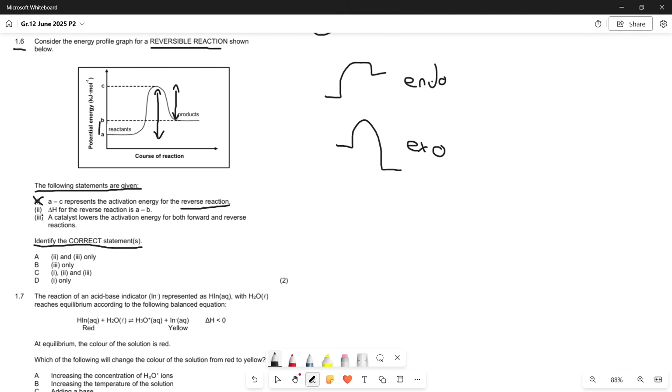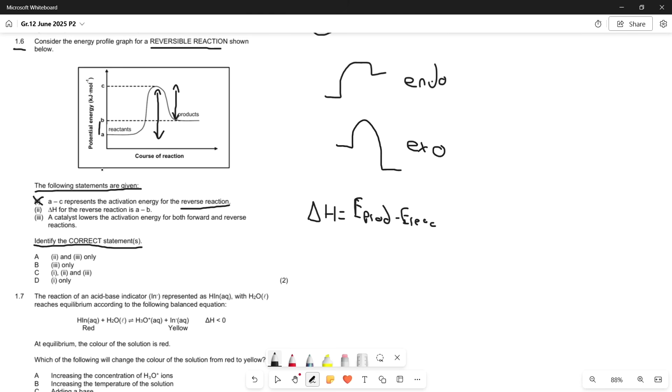And then back to 2 again, delta H for the reverse reaction is A minus B. If it's the reverse reaction, we're going from right to left, which means these are our products and these are our reactants in the reverse reaction, and delta H is always E products minus E reactants.